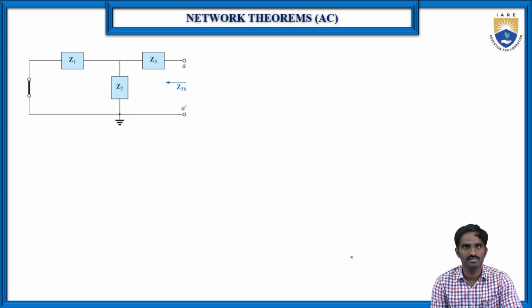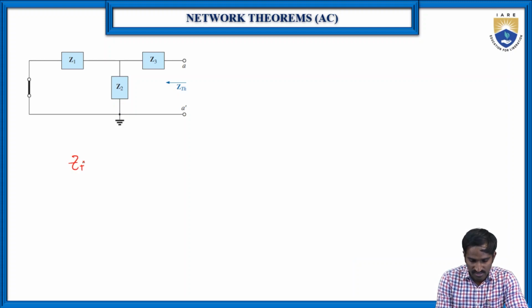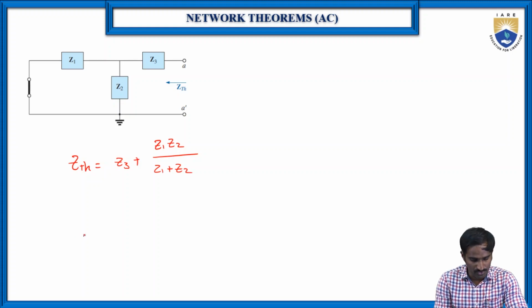Of course, here it is very easy, because Z1 and Z2 are in parallel, and the parallel combination of Z1 and Z2 is in series with Z3. Then the equivalent impedance, Z Thevenin, is equal to Z3 plus Z1 Z2 by Z1 plus Z2. Then substitute these values.